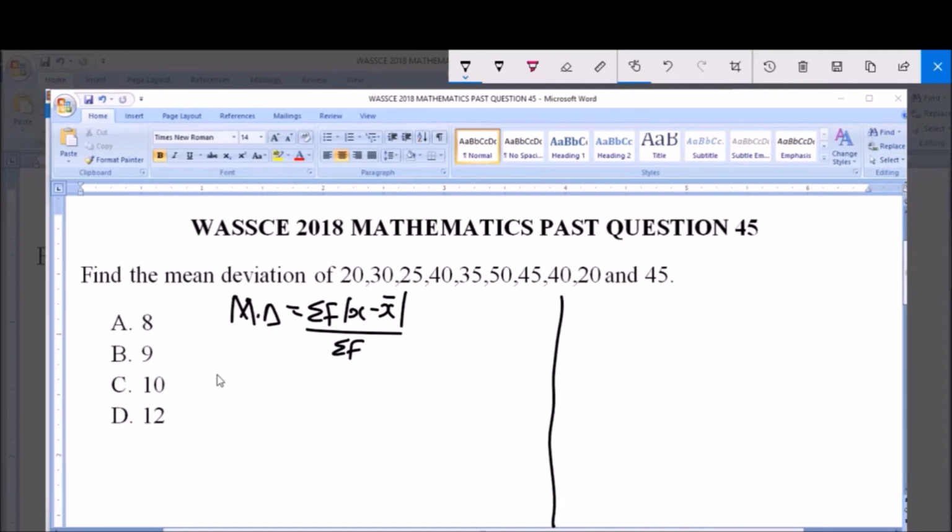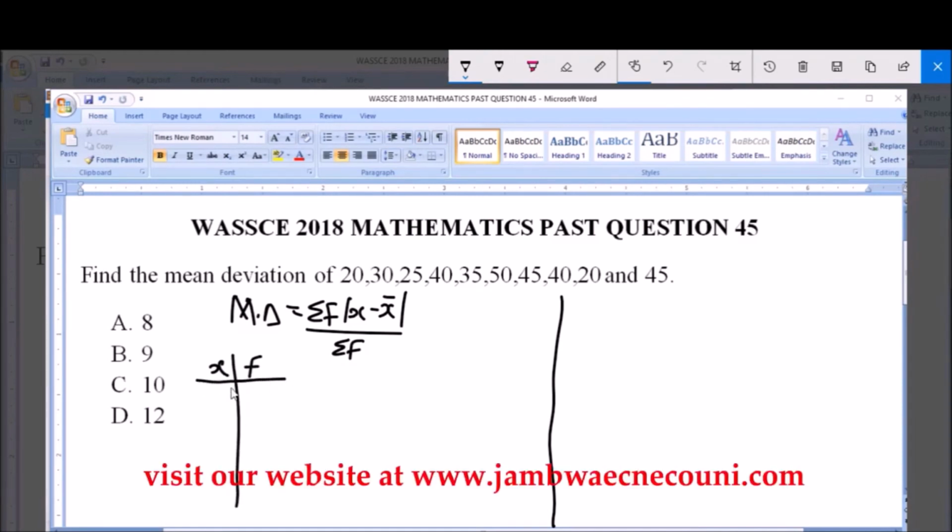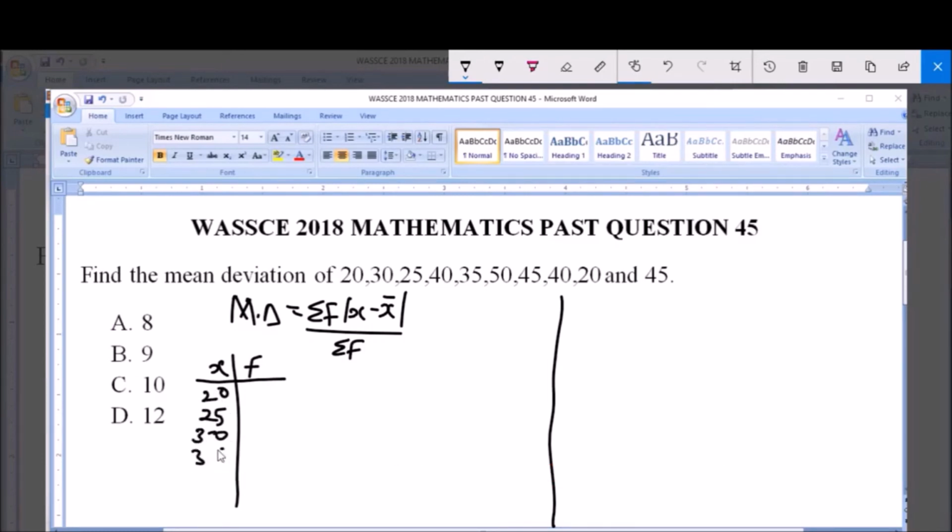Now let's have x, then our frequency. Now our x here, we have 20, 25, 30, 35, 40, 45, and 50. Now looking at this, 20 appears twice, so the frequency of 20 is 2.